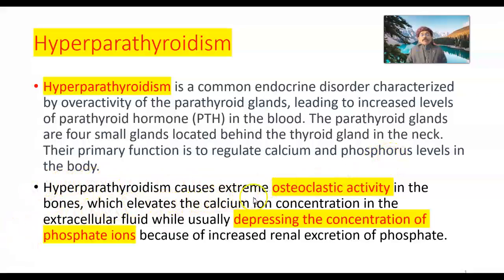Hyperparathyroidism causes extreme osteoclastic activity in the bone, which elevates the calcium ion concentration in the extracellular fluid, while usually depressing the concentration of phosphate ion because of the increased renal excretion of phosphate.